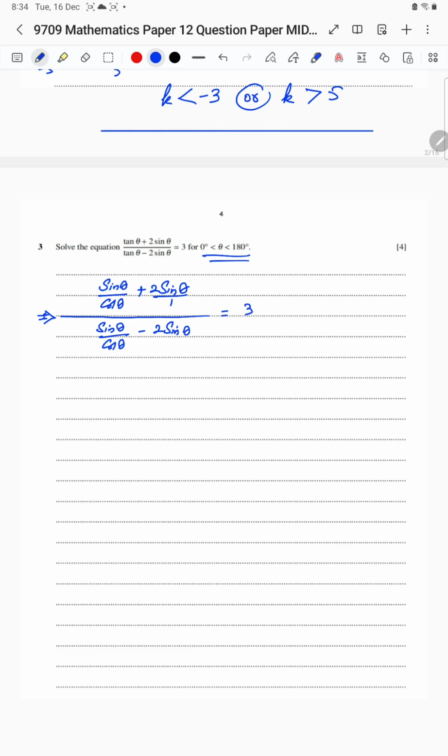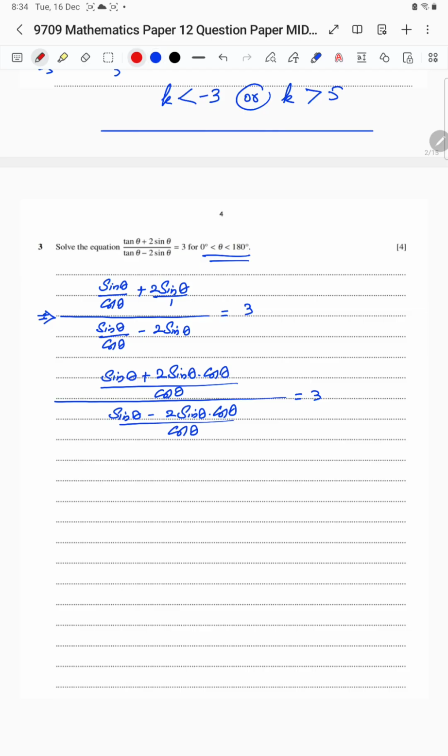We'll take the LCM and simplify it. So it will be sin theta plus 2 sin theta times cos theta over cos theta, whole divided by sin theta minus 2 sin theta times cos theta over cos theta, equal to 3.